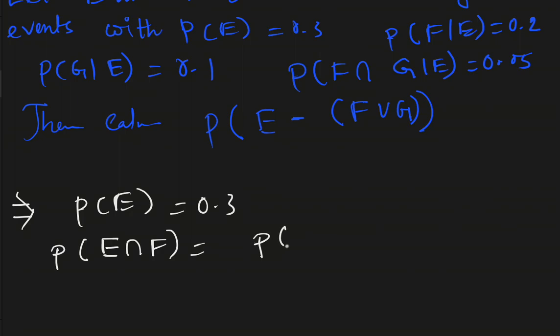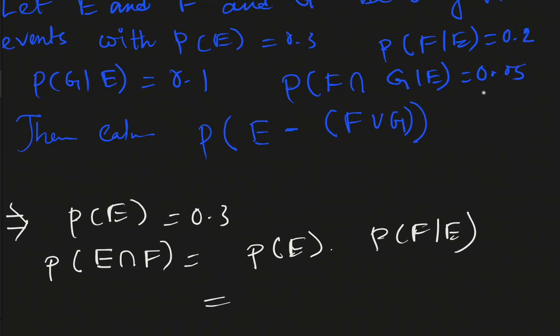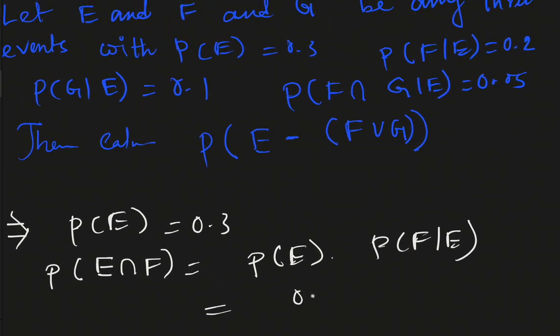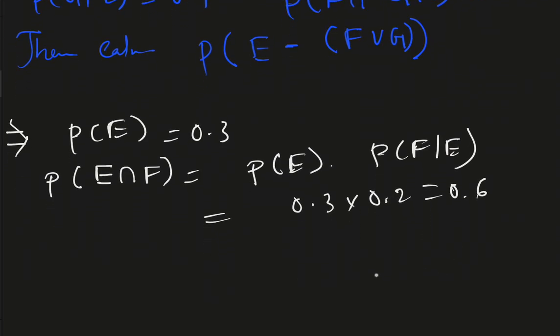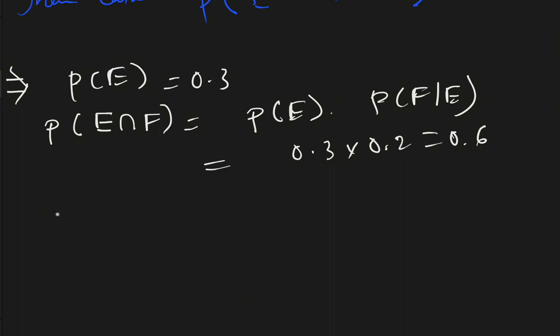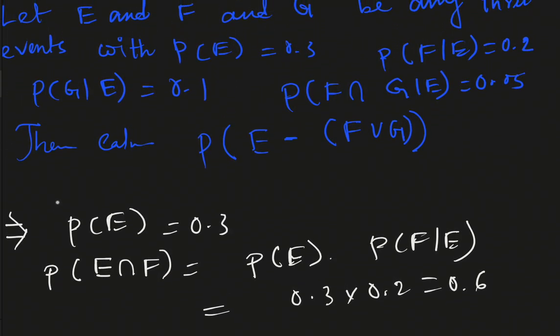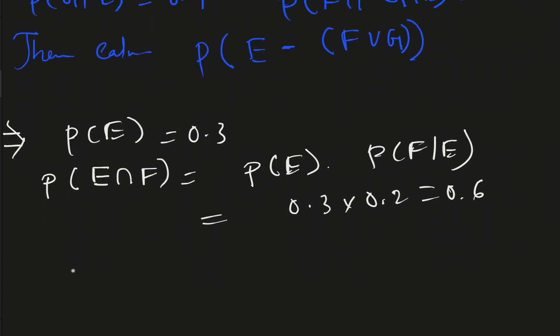That is P of E into P of F given E. That is given, 0.3 into 0.2, which is 0.06.